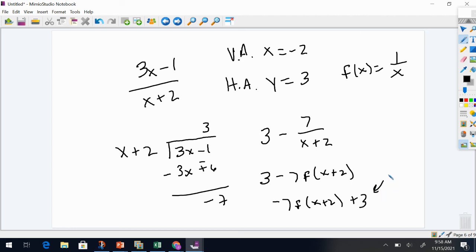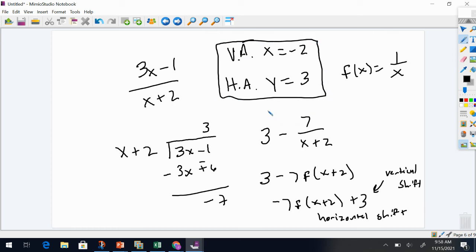This is my vertical shift. This is my horizontal shift, which I got right at the very beginning by knowing my rules of vertical asymptotes and horizontal asymptotes. This is the important thing of why you have to divide, because my remainder is going to tell me that this graph is going to be vertically stretched by 7, and this negative flips it about the x-axis.